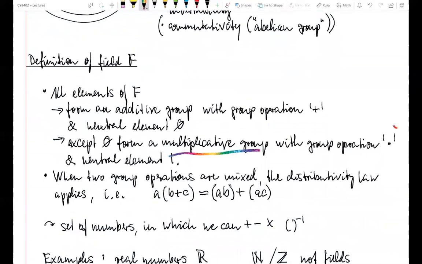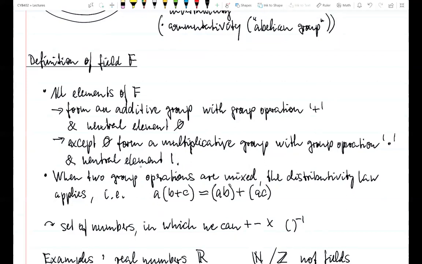The group operation, of course, is the multiplication symbol. I apologize in advance if I'm not really consistent with the symbol for multiplication. Please judge by the context. So the neutral element would be 1.